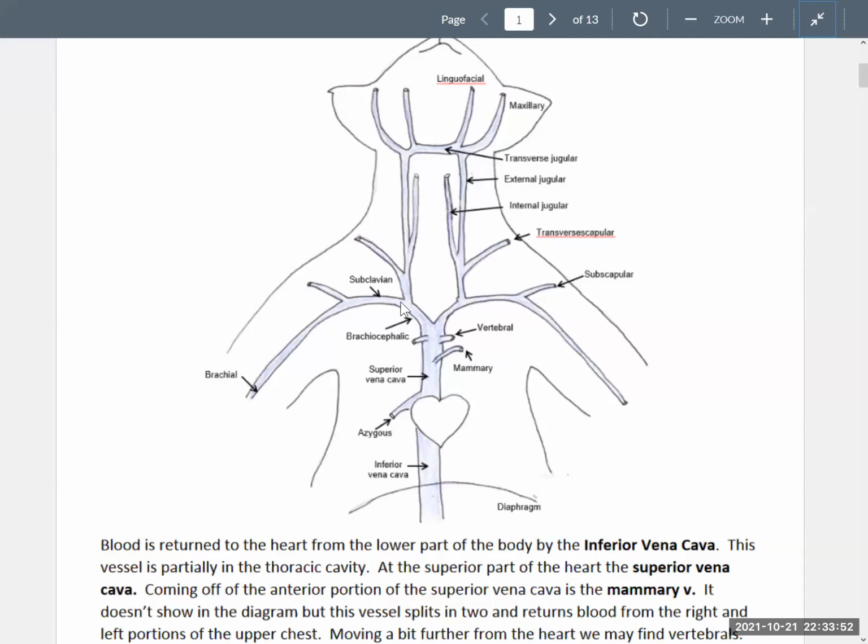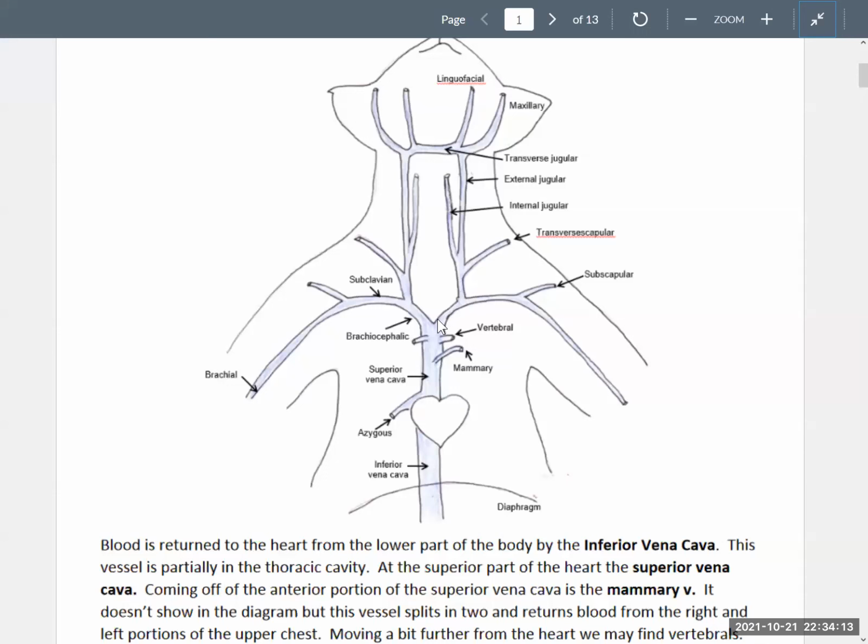Here's the part going to the arm, and the first part here is called the subclavian. The subclavian begins as soon as this vessel veers off. That vessel is the external jugular.